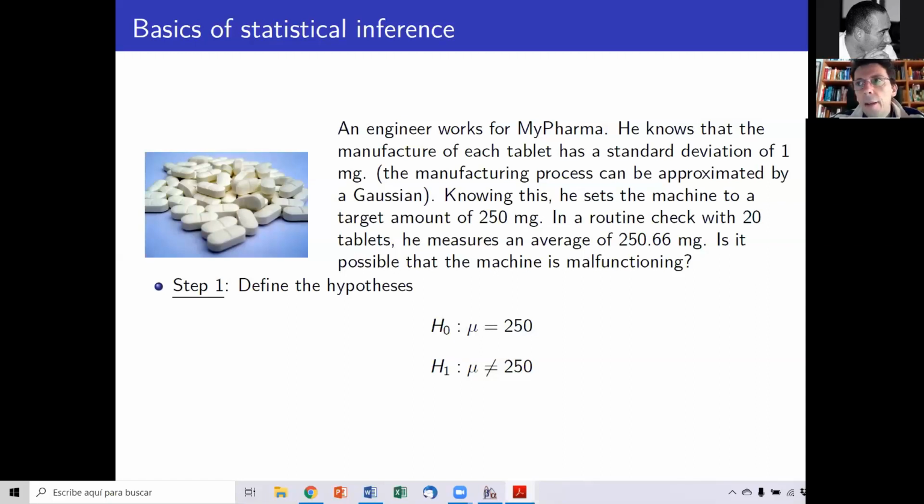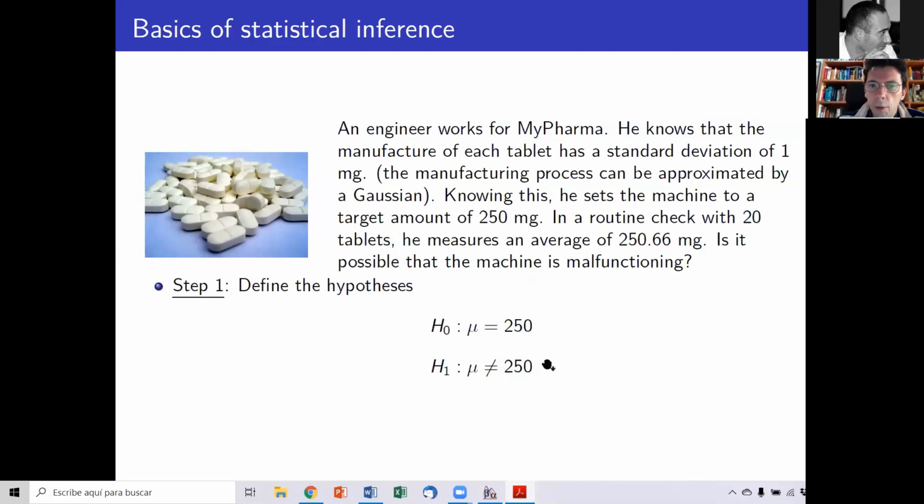But on the other side, if the machine is malfunctioning and I don't stop it and I get an inspection, I would get a high fine for not keeping the quality of my production. So what I want to show is that the machine is malfunctioning.